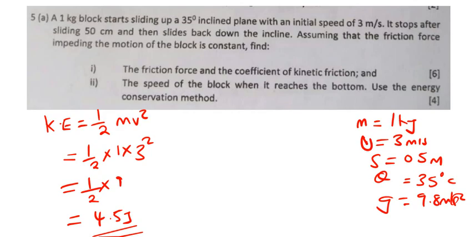Now what will be the work done against gravity? You know that work done against gravity is mgh. So in this case, the mass we've been given is 1, multiplied by the acceleration due to gravity, 9.8, multiplied by the height. What would be the height?